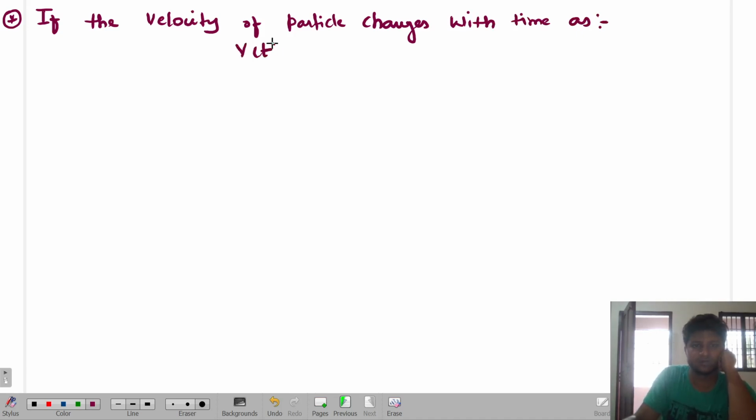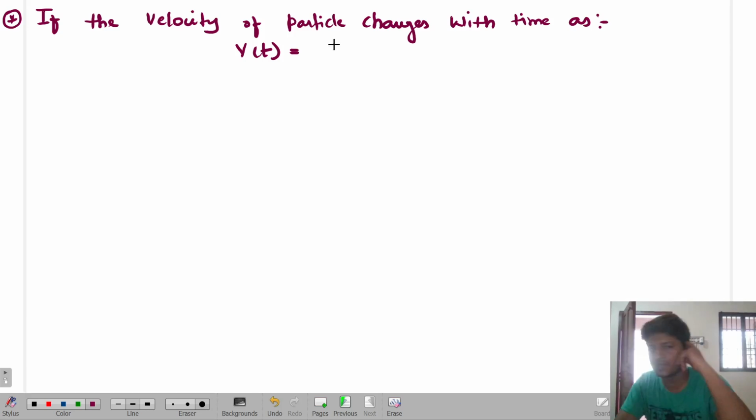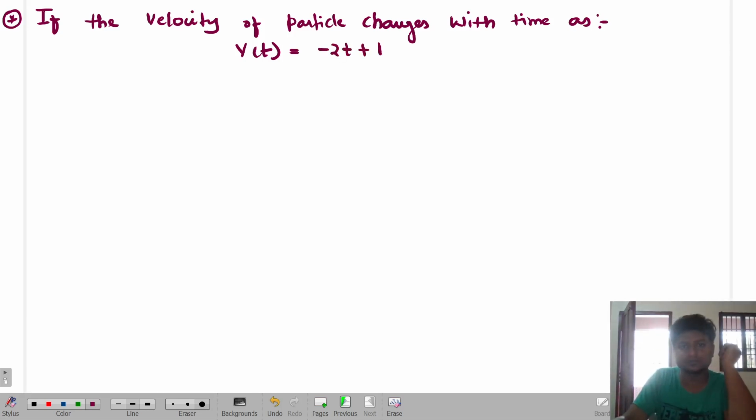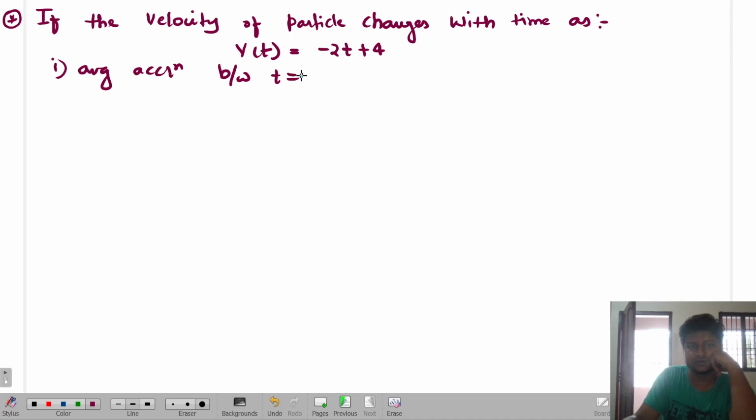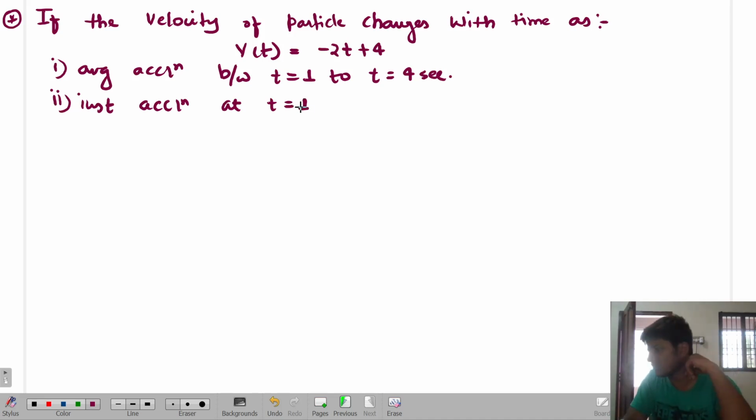So v of t is equal to minus 2t plus 4. Then find first the average acceleration between t equal to 1 to t equal to 4 seconds, and the instantaneous acceleration at t equal to 1 and t equal to 4 seconds.